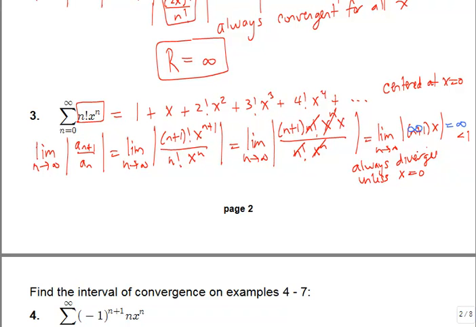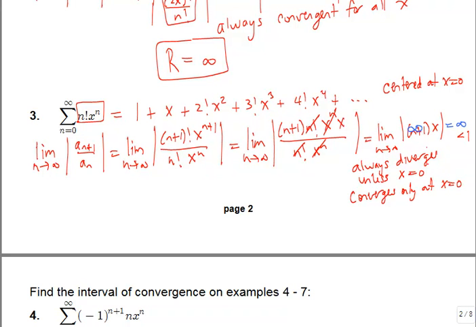So let's see what happens at 0. If we go back to this infinite polynomial and I plug in 0 for all these x's, then all these terms here will go to 0, but I'll just have this 1 out front. So this polynomial would just be the same as 1. And that will converge because it converges to 1. So this converges only at x equals 0.